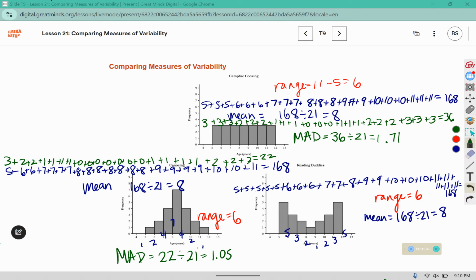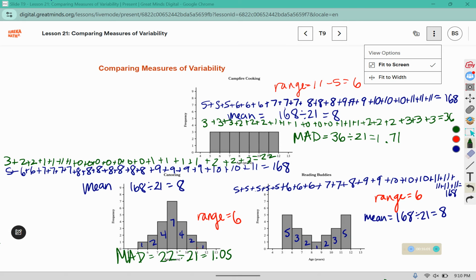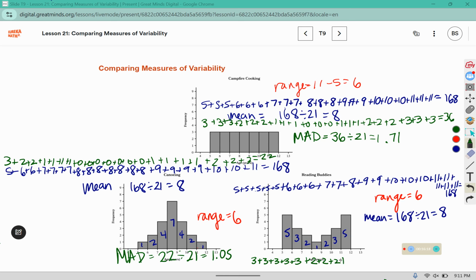Now let's look at the last one here. 5 to 8, that's a difference of 3, and there's 1, 2, 3, 4, 5 of them. Six to get to 8 is 2 away, and there are 3. From 7 to 8 is 1 away, and there are 2 of those. From 8 to 8, that's a difference of 0. From 9 to 8, that is 1 away.